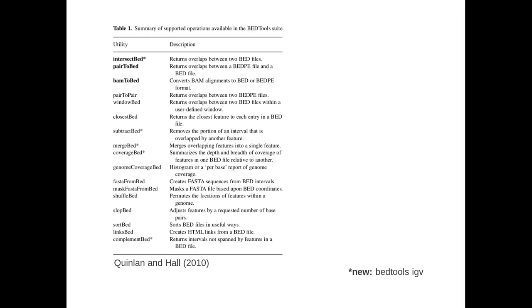I put this on the course site for you to take a peek at, and this gives some of the functionality that was present a couple of years ago when the paper came out, and they've added additional functionality since then. Oftentimes, if you have a simple question about overlaps, intervals, counting them, or identifying sequences of intervals, like fastaFromBed, you can extract a DNA sequence out of a FASTA file quickly for a set of intervals.